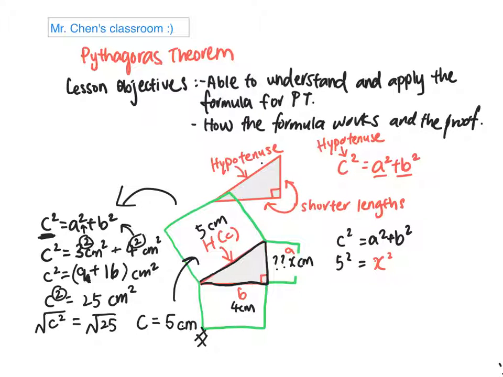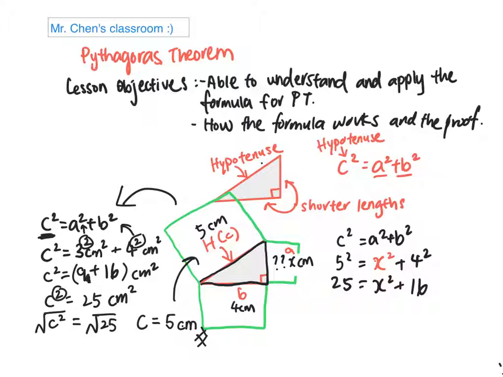And b is given, which is 4 squared. So 5 squared is 25. X squared we don't know, so we're just going to write it down, plus 16. Okay, 4 squared is 16.